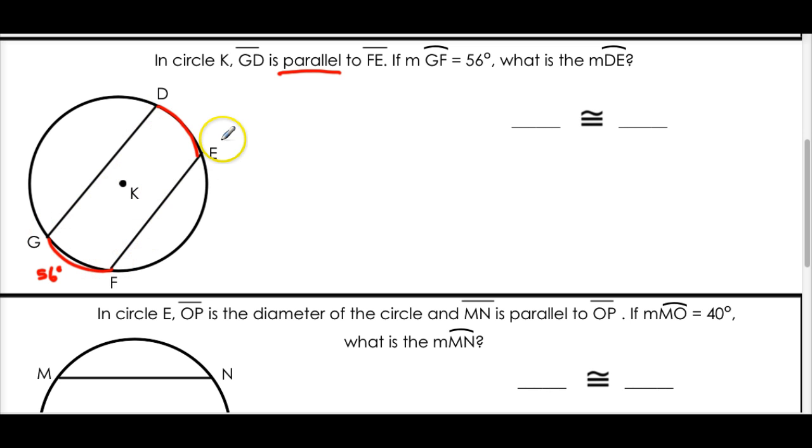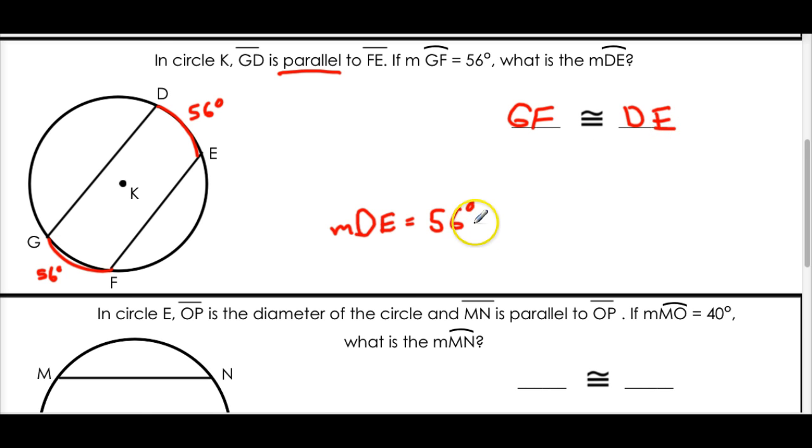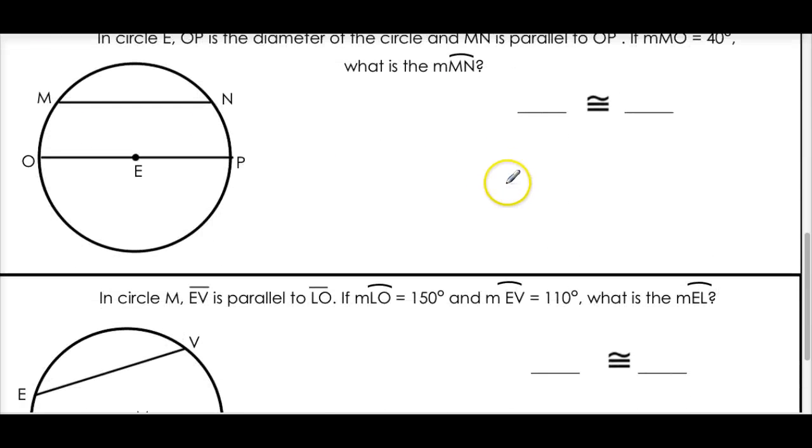If GD and FE are parallel, we know that these two arcs are congruent, so this is also 56 degrees. So we would just say that the measure of DE is equal to 56 degrees. And you'll see here I also put this little congruent mark here. Just for your information, we'll just put GF is congruent to DE. Right? Nice to know.